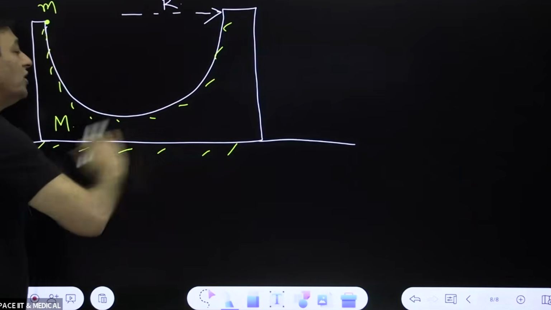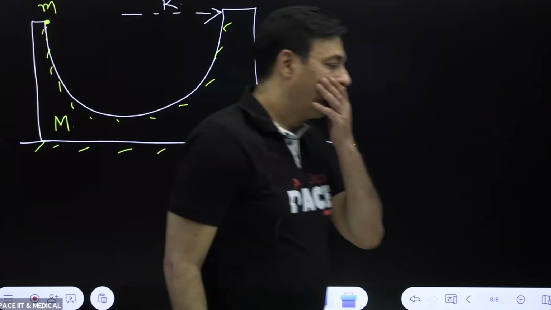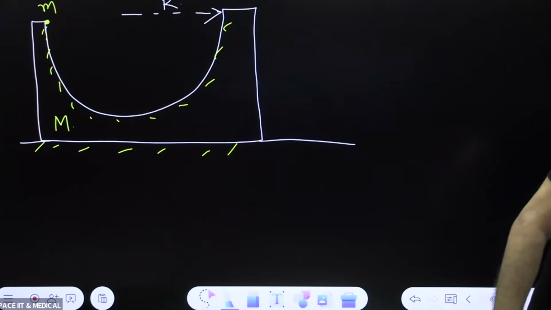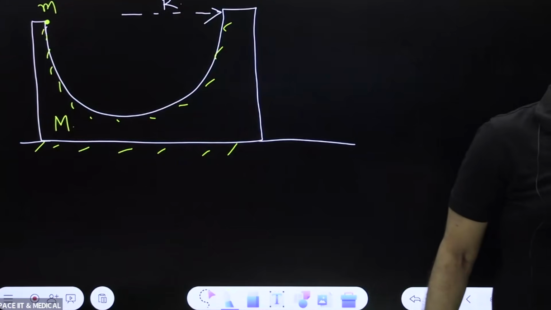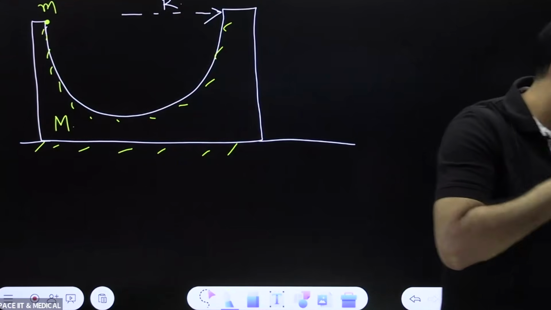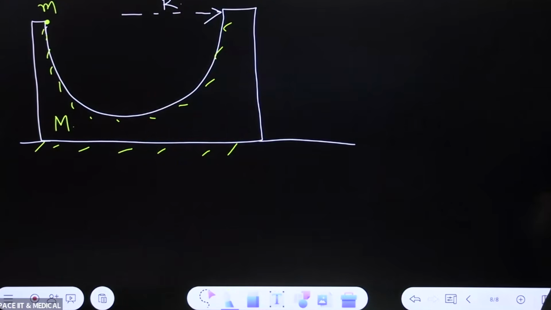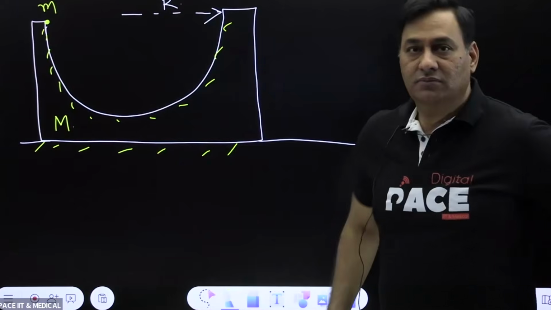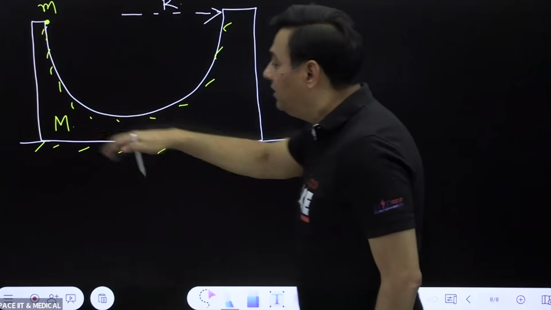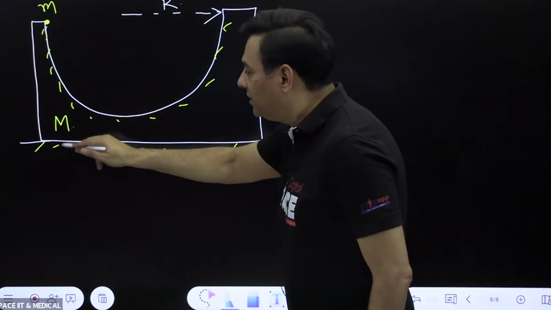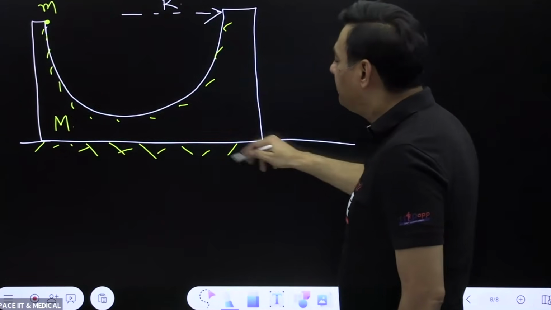Will the wedge also move or not? Just reply. Wedge is not fixed. Sir, the wedge is also free to slide on the table, and the table is frictionless.